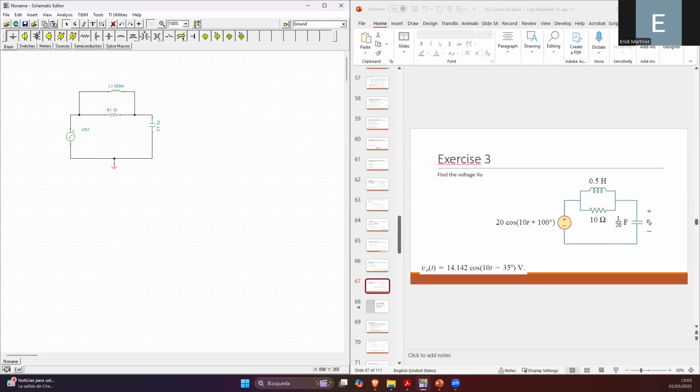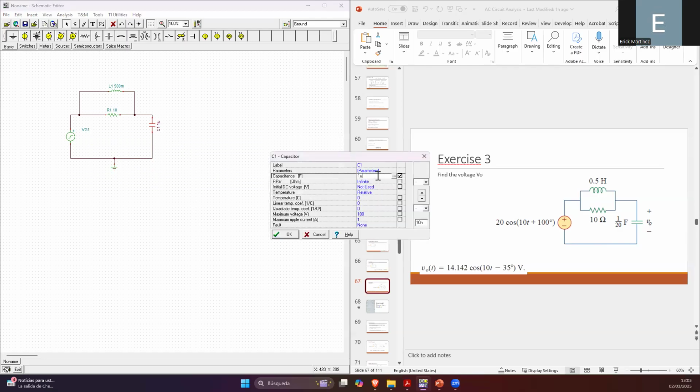And well, I am forgetting to place the value of the capacitor, that is 1/20. You cannot place fractions here, so you need to convert that fraction into a decimal value. 1/20 is equal to 0.05 farads.